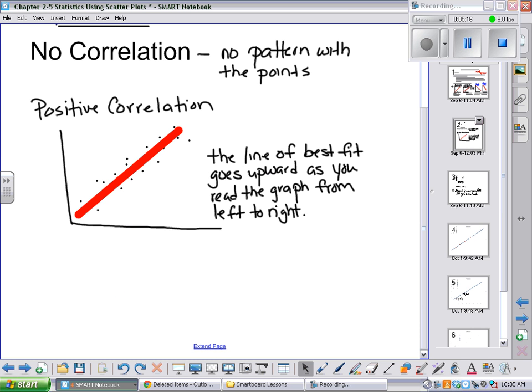If we look at a negative correlation, it's where, as you read the graph from left to right, the line seems to be going down.